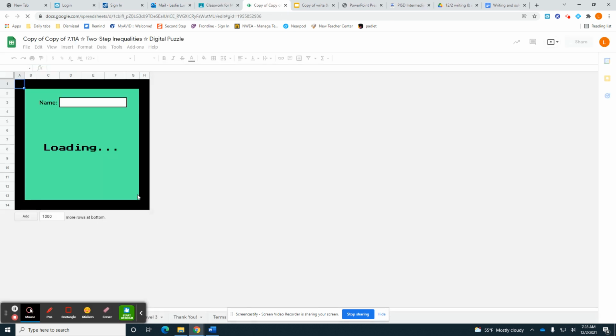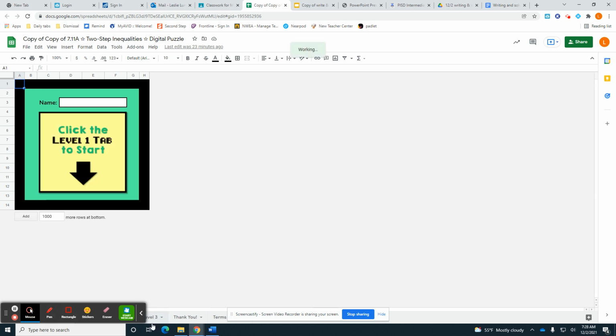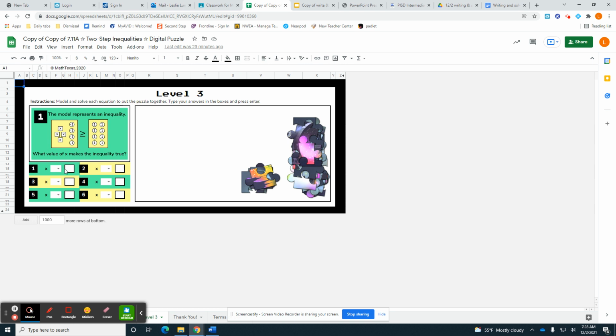Okay, remember you open it and then you go to whatever level you're working on, like level 3, and then you would type in what you got as your X. So you type it, you drop down, pick your inequality symbol, and then you type in your number, and it changes to green if it's correct. If it does not change to green, that means it is not correct. So make sure you use this accordingly to check your answers.